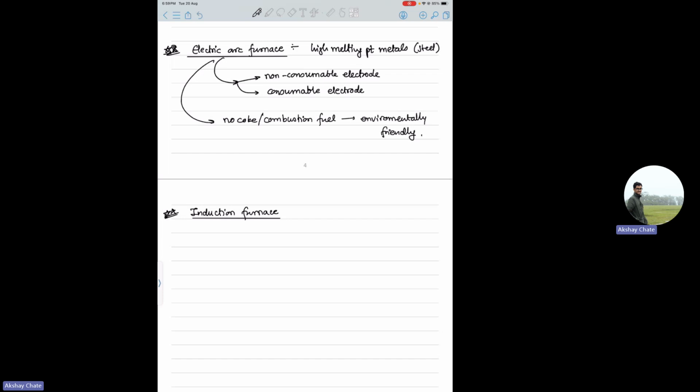When a current flows through a coil which is wrapped around some core, and you have another coil which is nearby, those things are there, right? Based on that principle, we have electric induction furnaces. This is noisy, these are quiet.